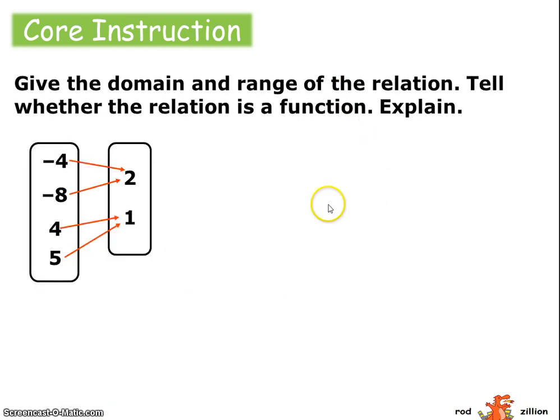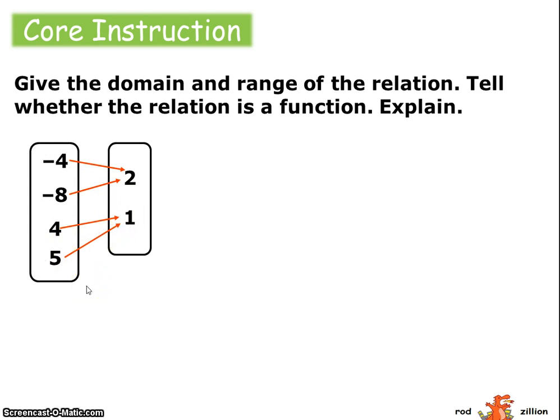By contrast, using this mapping diagram, we see that though we have arrows pointing to the same y value, does each x value have a distinct y value? Negative 4 is assigned to 2, negative 8 is assigned to 2, 4 is assigned to 1, and 5 is assigned to 1.